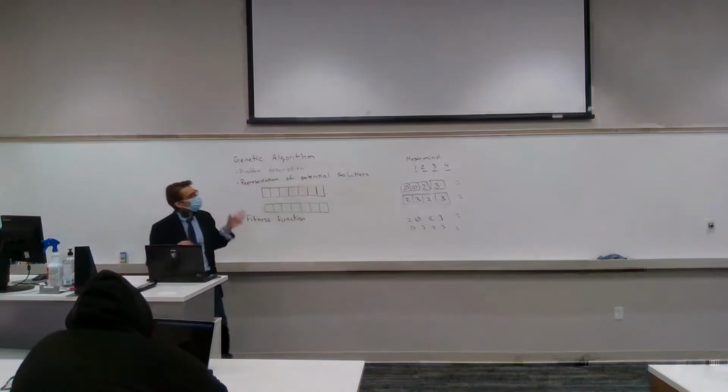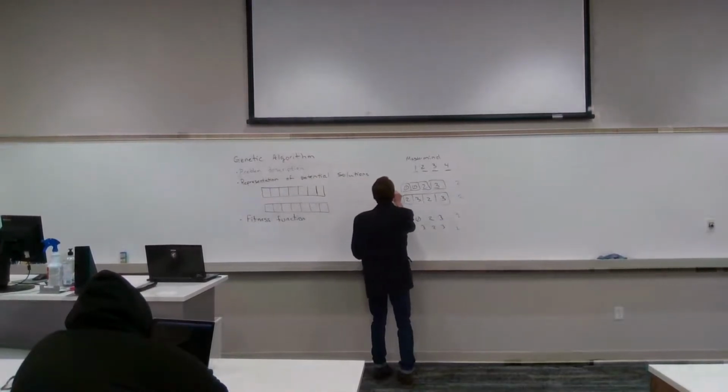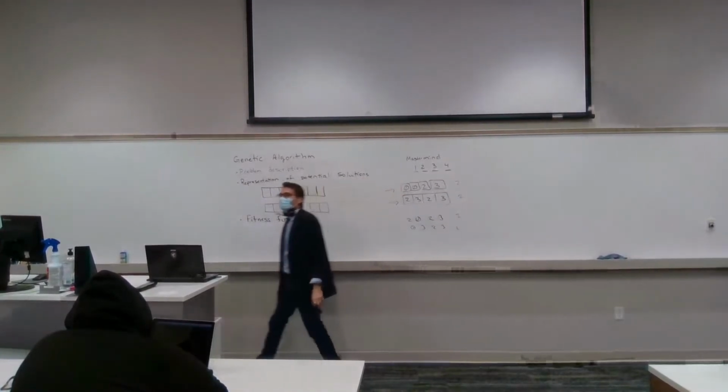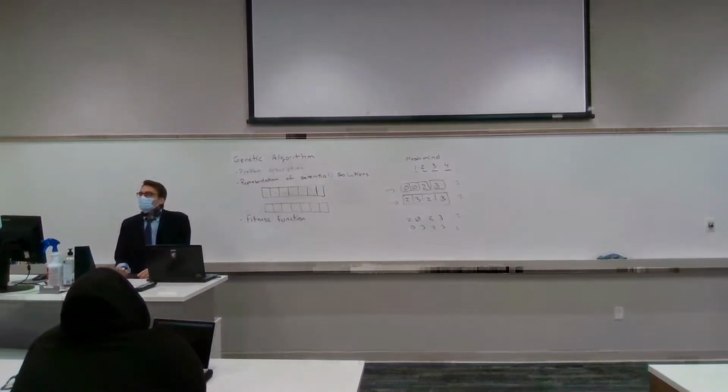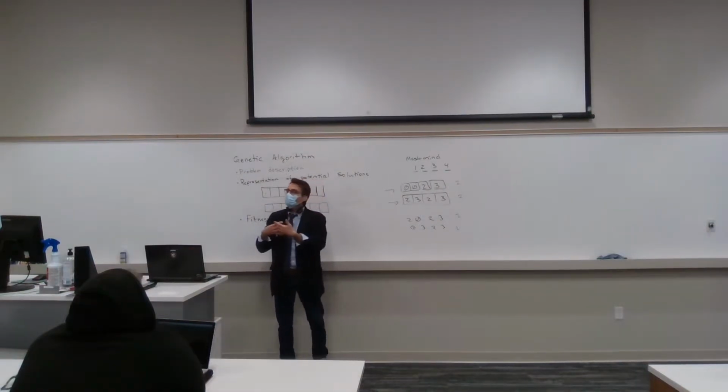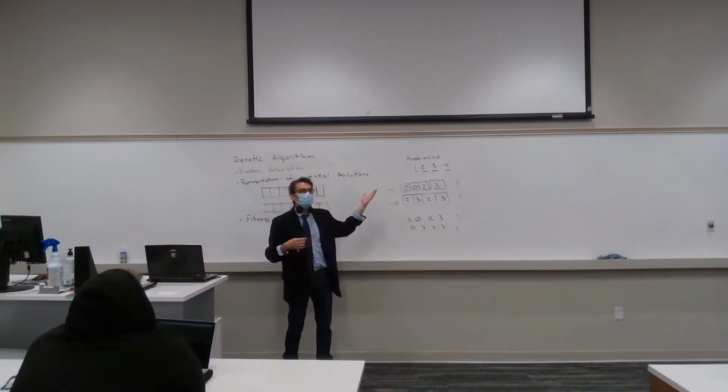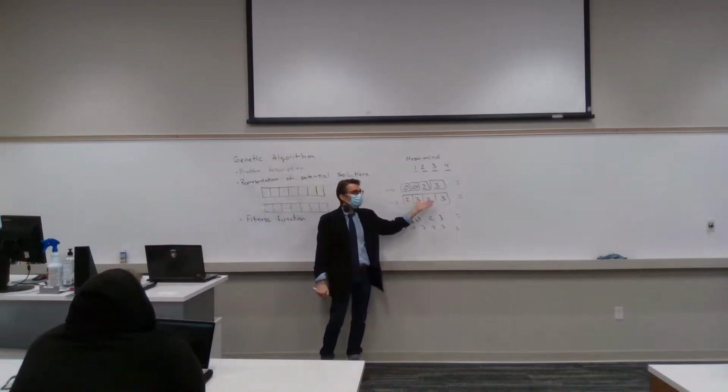Well, from these 2 starting values, can we ever get to that answer? With breeding in this way, we can never get to 1, 2, 3, 4 because we don't have any 1s and we don't have any 4s.